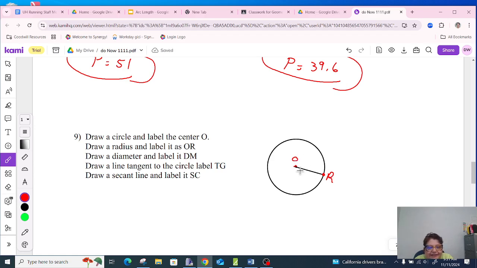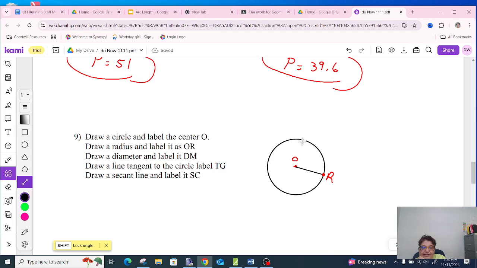No, you need points. One point is O, one point is R. Now I'm going to draw a diameter. Does it matter where that radius was, by the way? No, you could have drawn it here, here, here. When I look at yours, not everybody's is going to be the same, and that's okay. You learned something.